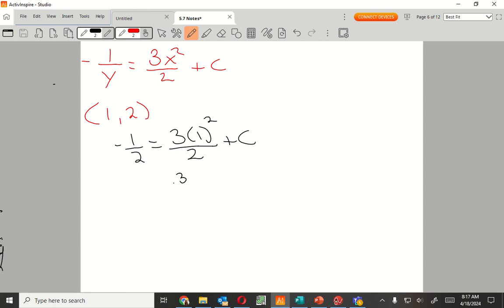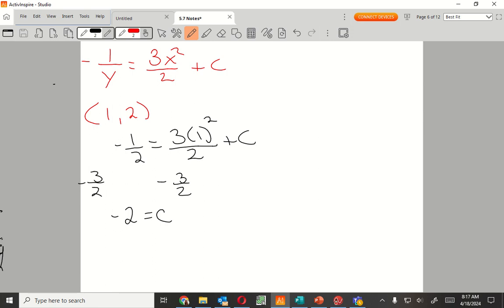Okay, so 3 over 2, and I'm going to subtract it because I need to get rid of that, right? And if I subtract 3 over 2 to this side also, so I have a negative 3 over 2 and a negative 1 over 2 is going to give me a negative 4 over 2, right? Okay. And negative 4 over 2 gives me just? 2. There we go. So negative 2 is equal to my c value.